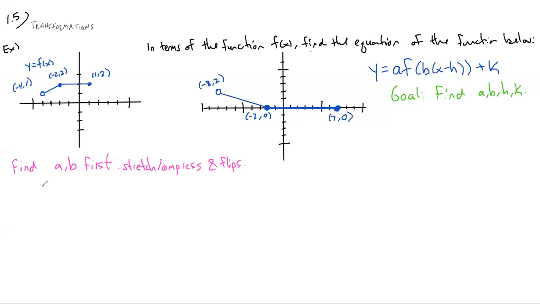I think the easiest way to do this is to just look at the size of the two graphs. For the first graph, we start with a width of, if we look at this, it starts at -4 and goes to 1, so that's a net width of 5.